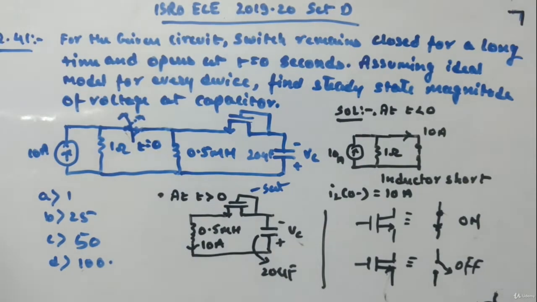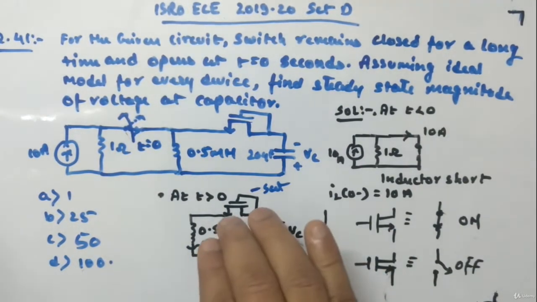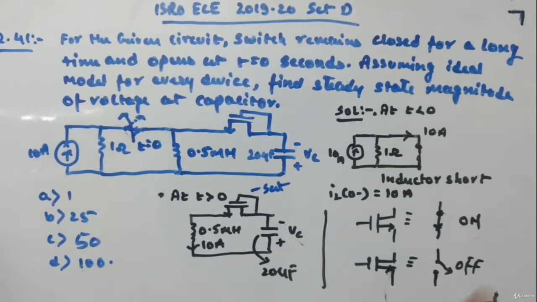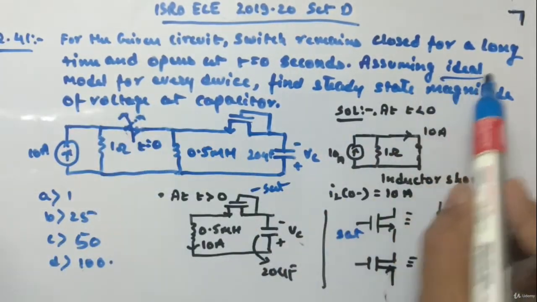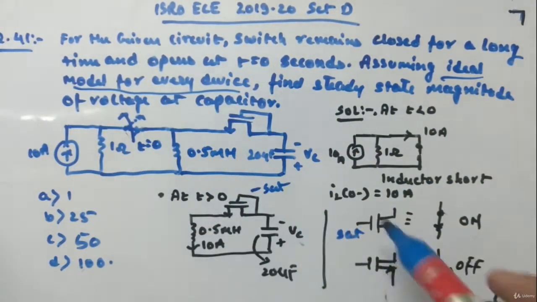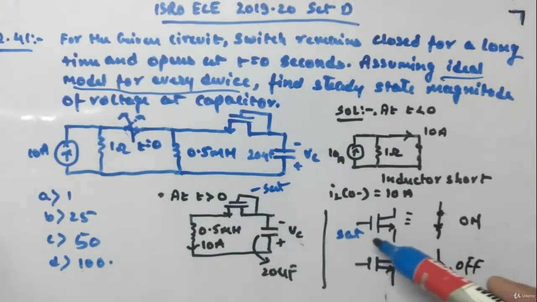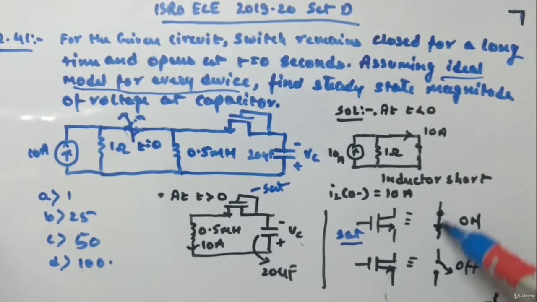So by saturation region, you can assume how your MOSFET will behave. In saturation region it behaves like an on switch. In saturation you have to consider the ideal model for every device. So the ideal model for the MOSFET is that in saturation region it behaves like a short switch, and at cutoff it behaves like an open switch.